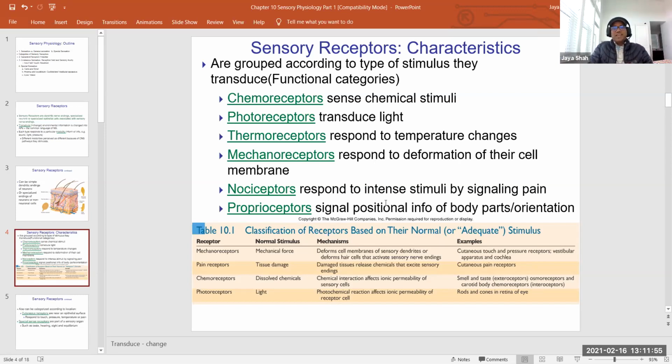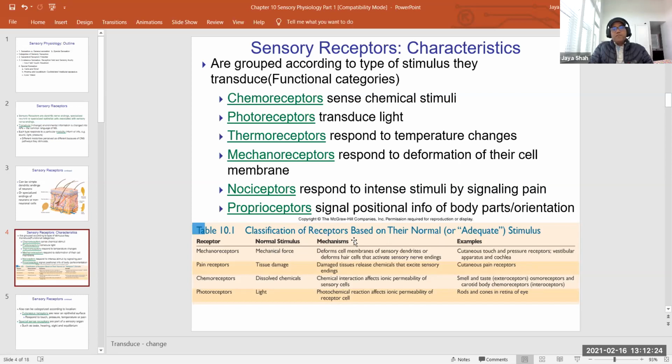Nociceptors respond to intense stimuli by signaling pain. Okay, so nociceptors respond to pain or intense stimuli. Proprioceptors signal positional information of body parts and orientation. So when you are moving your hand one way or the other, these receptors are activated and they transduce that. Okay.